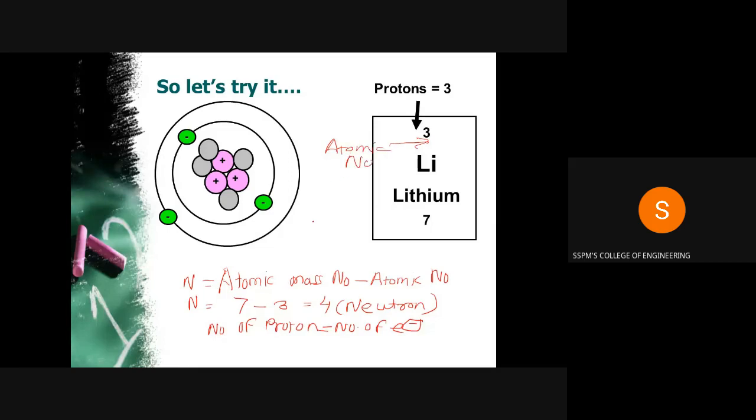Means electrons are also 3. So protons are 3, electrons are 3, and neutrons are 4. You calculate it using the atomic mass number minus the atomic number: 7 minus 3 is equal to 4. So here 4 neutrons are present, 3 protons, 3 electrons, total 7. Atomic mass number is 7.